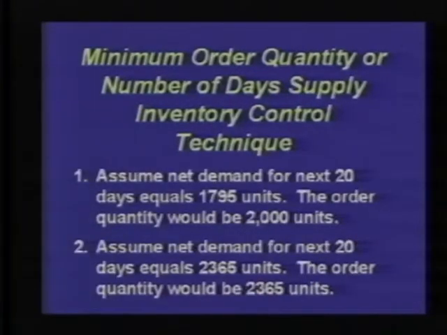Now, in the second scenario, and this is another 20-day horizon, we notice that there's 2,365. So the record says, well, 2,000 is the minimum, so we're going to issue a purchase order for 2,365.